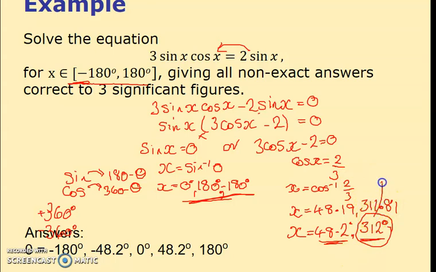So having got that solution, I then have to take away 360 from it. If I do that, I will get minus 48.2, because it's really this number minus the 360. So that actually does work. I'm quite happy with that. I thought I'd made a bit of a mess of that for a moment, but no, it makes sense.